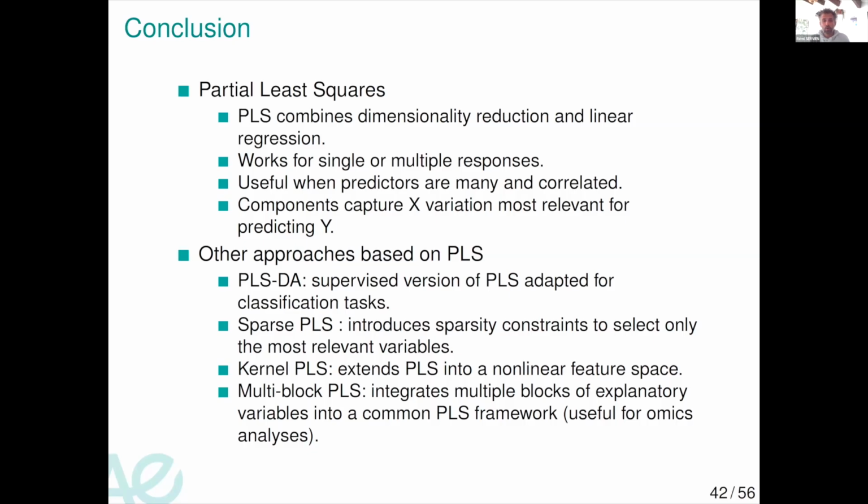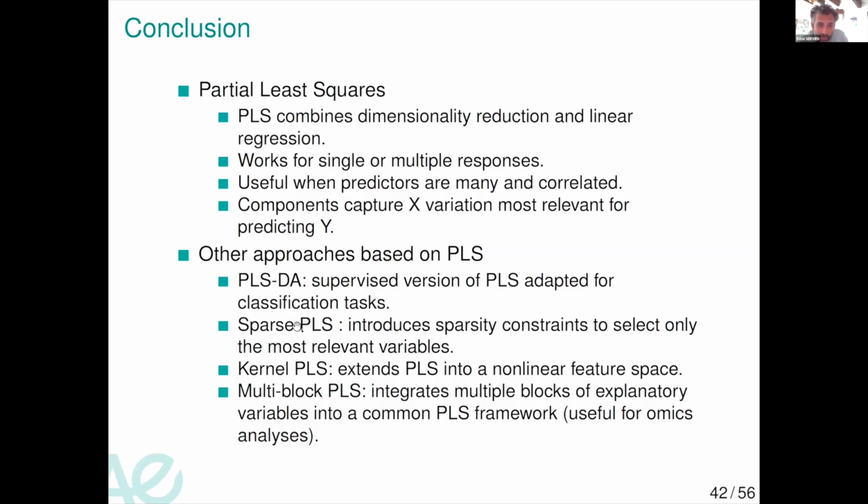As for PCA, the partial least square approach is an old one, so there are a lot of derivative versions. For example, PLS-DA, partial least square and discriminant analysis, is a supervised version of PLS that is specifically adapted for classification tasks.